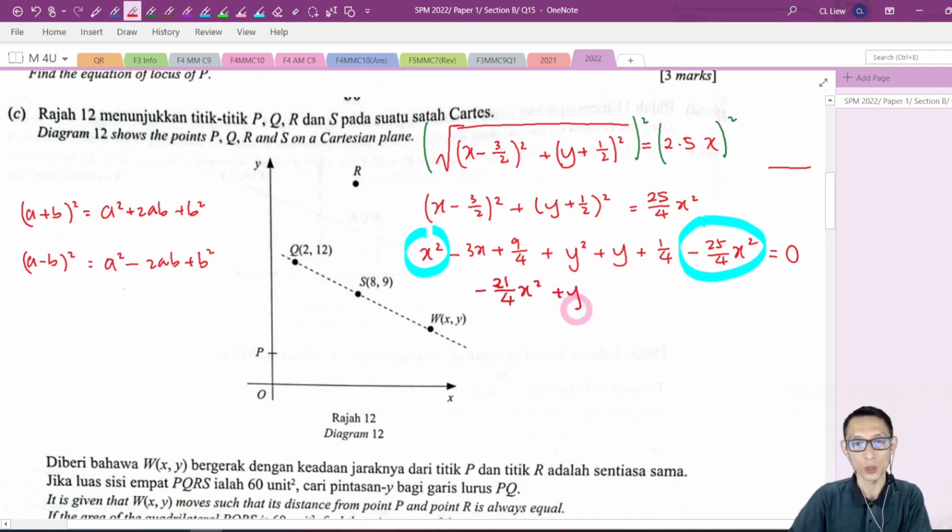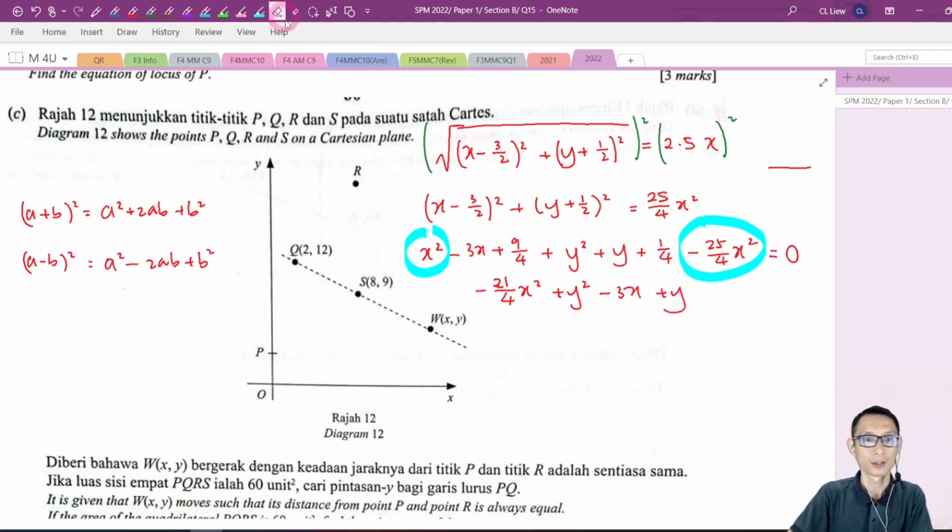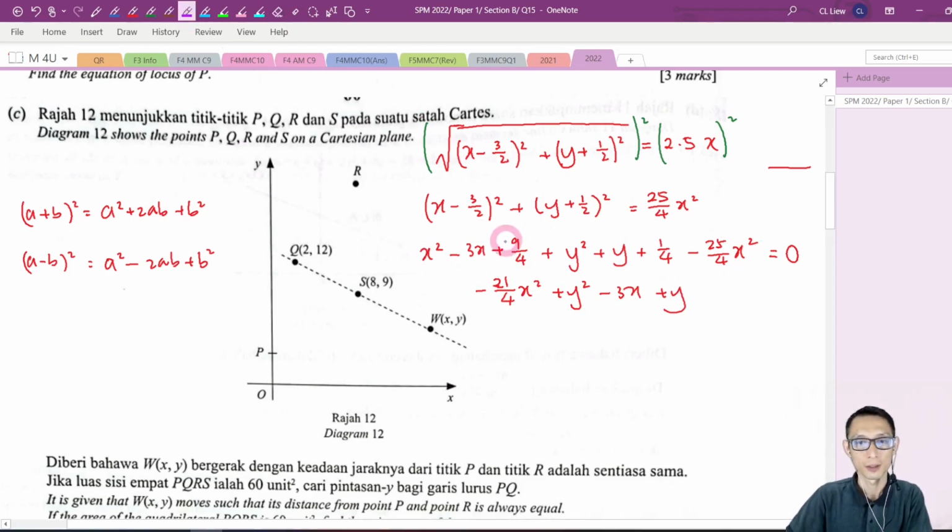Then plus y squared minus 3x plus y. Now, let's go to the constant part. Plus 9 over 4 plus 1 over 4. So you will get 10 over 4, which is equal to 5 over 2.